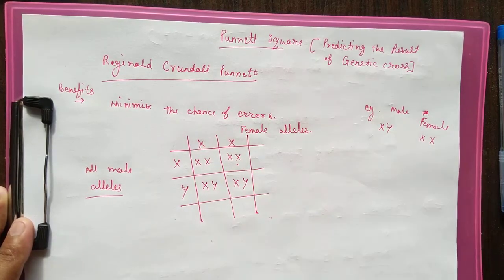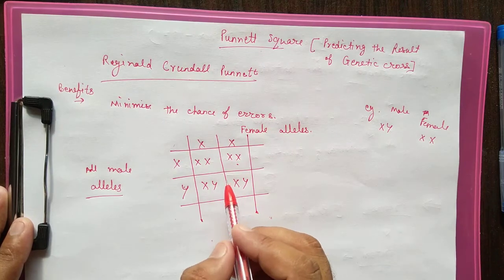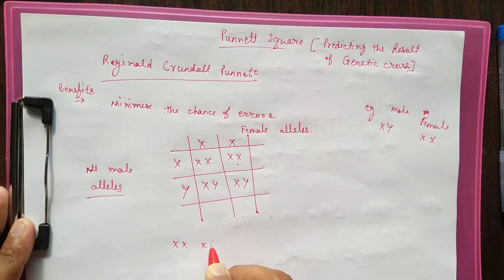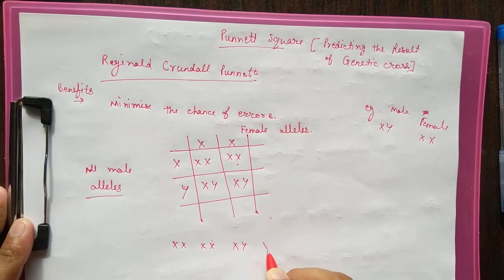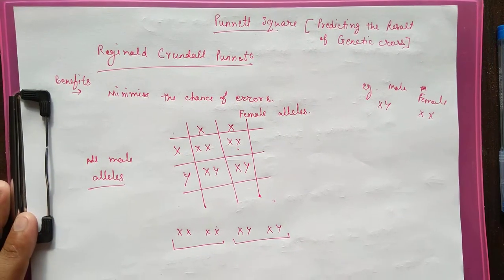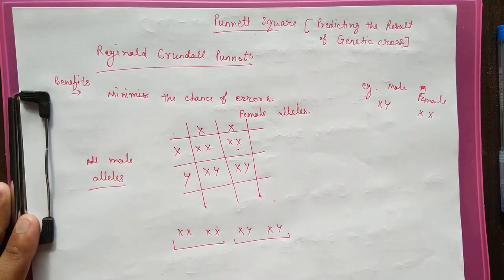So this is the predicted result of the genetic cross. This is the Punnett square, which is used to predict the result of a genetic cross.